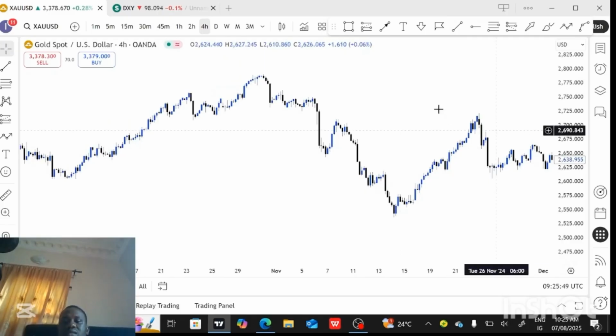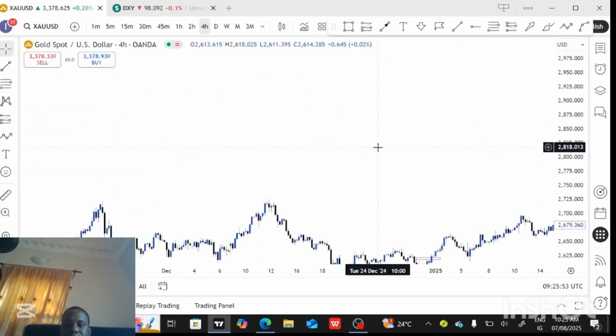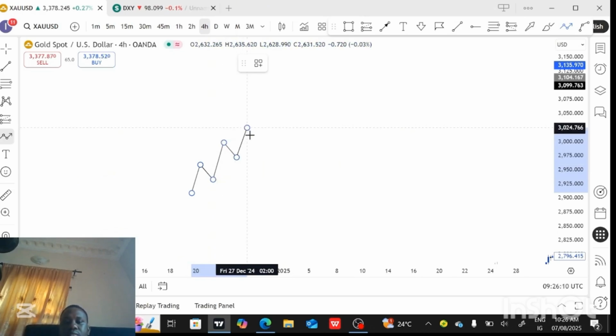Now, in our next class, I'll be showing you how to know when the trend changes direction. Say, for instance, that we have price buying, giving us higher high, higher low, higher high, higher low. Now this was the last high, right? Then price changed direction and began to sell towards the downside, right?